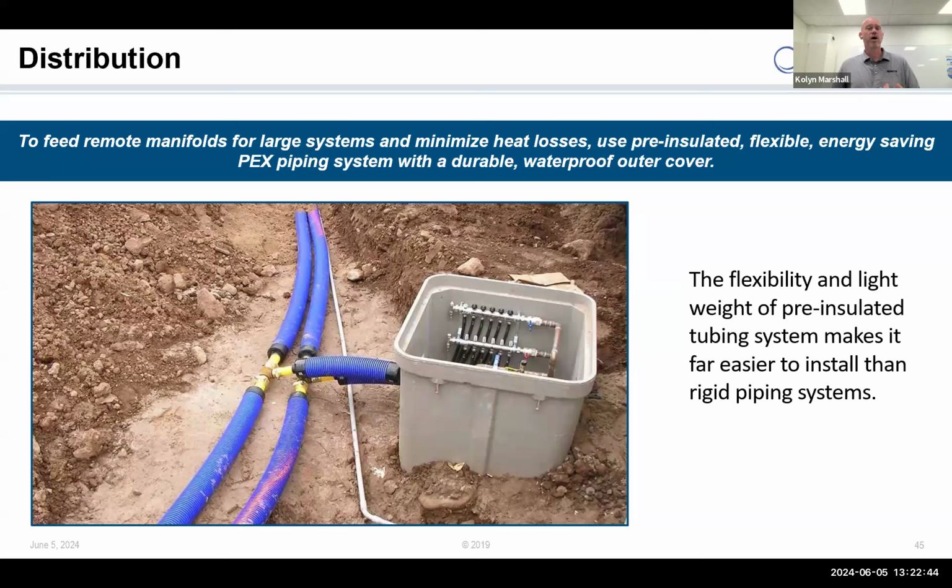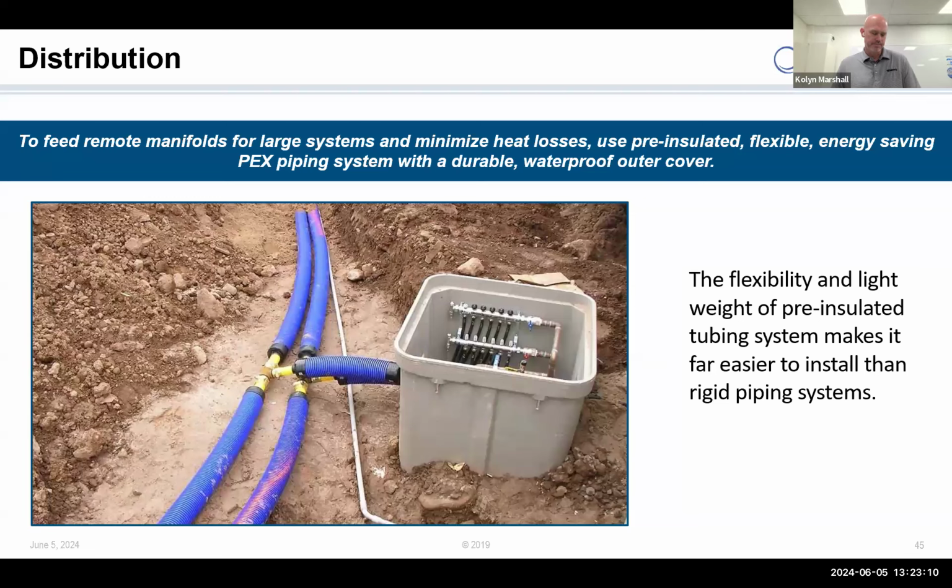So if it's in a walkway, then it just needs to handle pedestrian traffic. If it's in the actual driveway or snowmelt area that can experience vehicular loading, it needs to be more robust to handle that load.